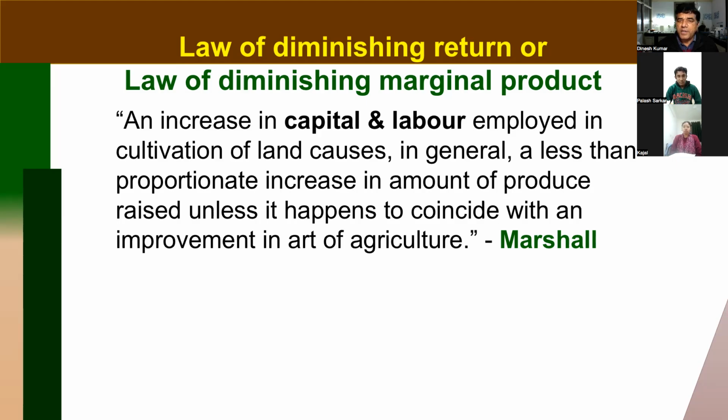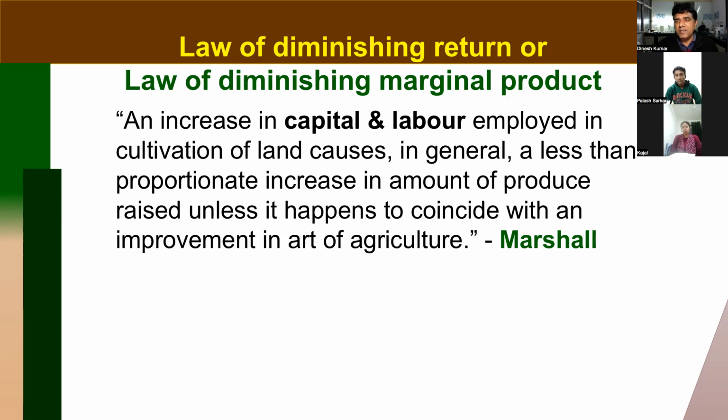So this law can also be called the law of diminishing marginal product. Marshall says: an increase in capital and labor employed in cultivation of land causes, in general, a less than proportionate increase in amount of produce raised, unless it happens to coincide with an improvement in the art of agriculture. It is very simple.